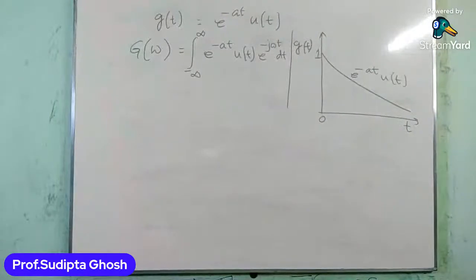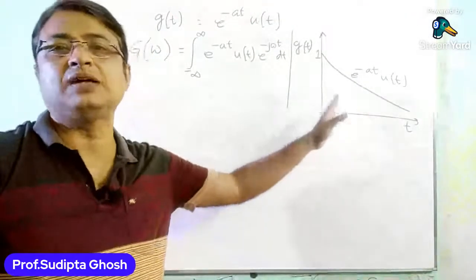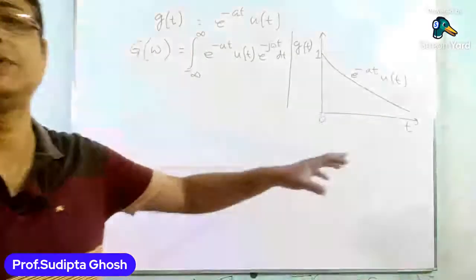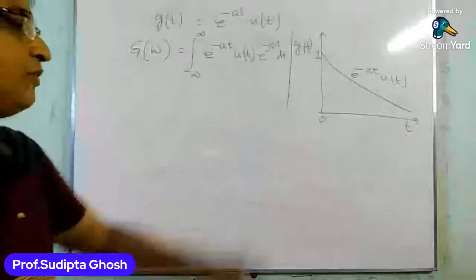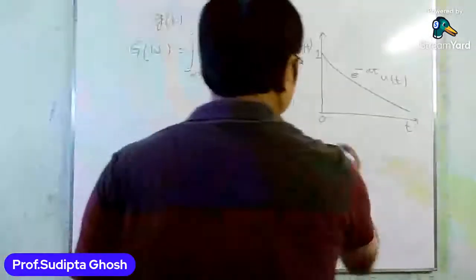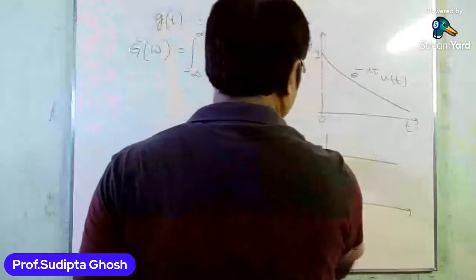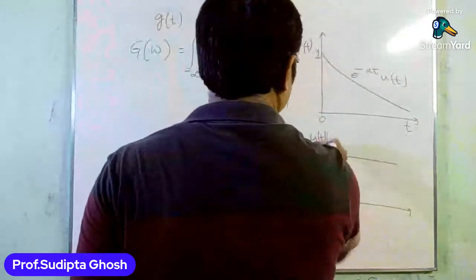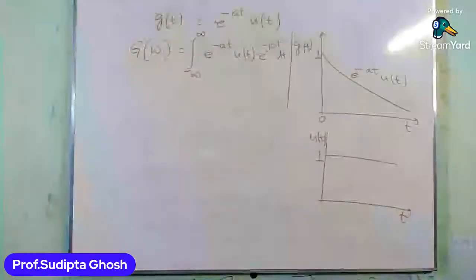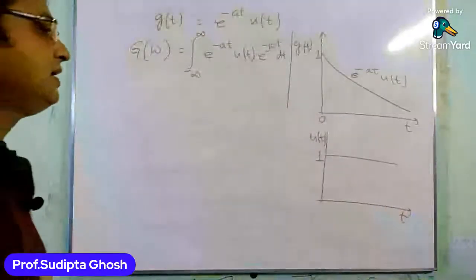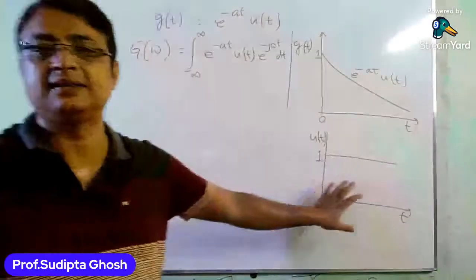So the functional value is 1 when t is 0, and then the function drops because of the term e to the power minus a t. As we know, a unit step function is represented like this, and it always remains 1 while t is greater than 0.